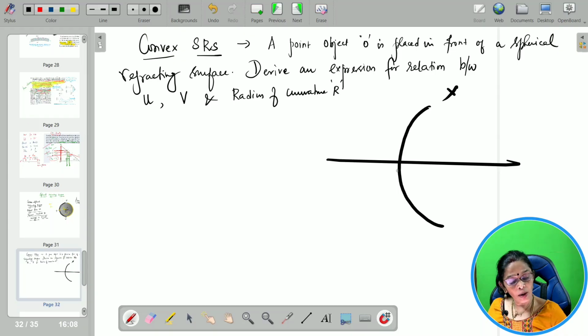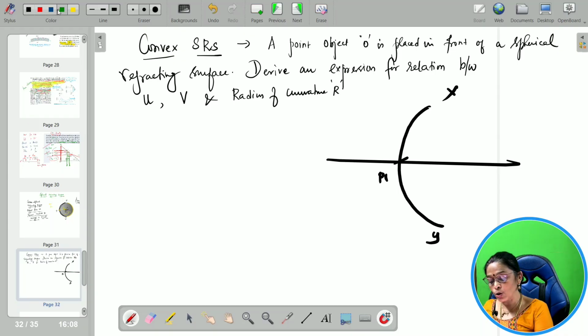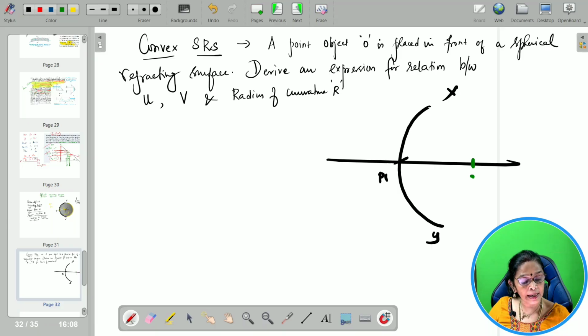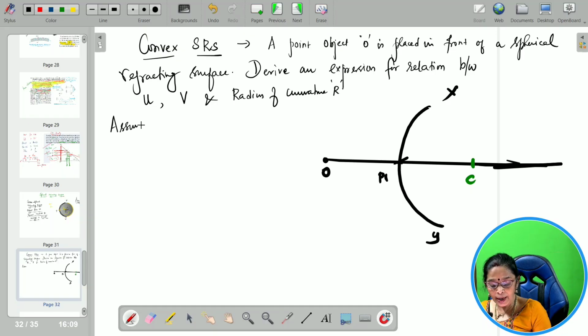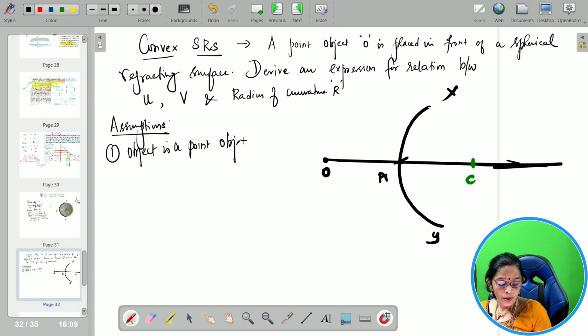So, this is called the convex surface. Where does the center of curvature lie? Here at the right hand side. So, the center lies over here. Now, the object is a point object. I have already told you that there are certain assumptions which you have to write. Assumptions. Point number 1, the object is a point object. Aperture is small.